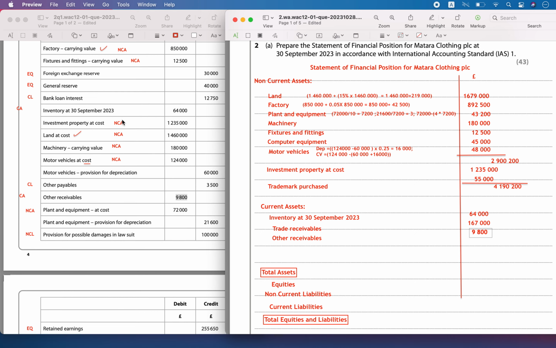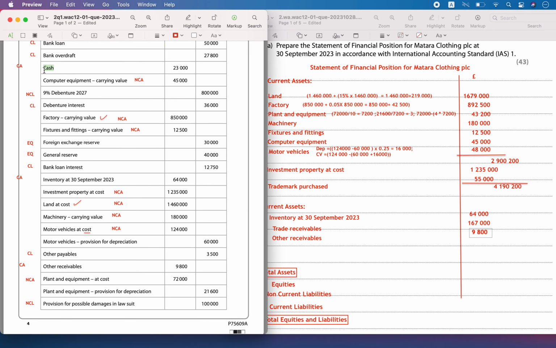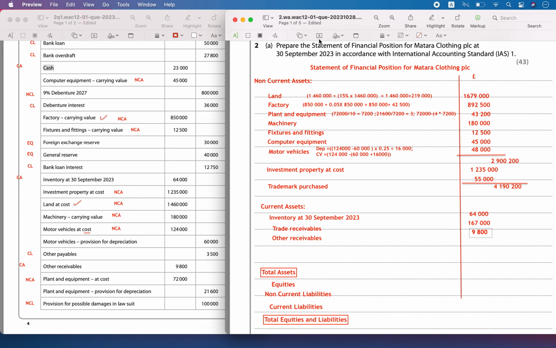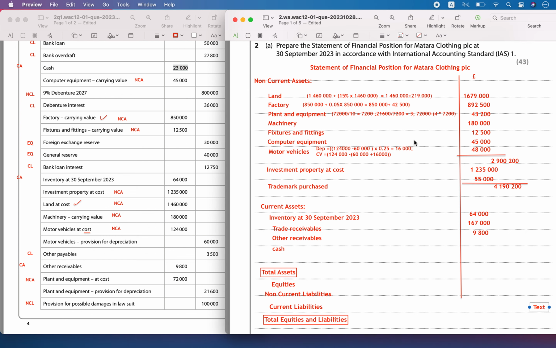Then you have the cash, which is 23,000.